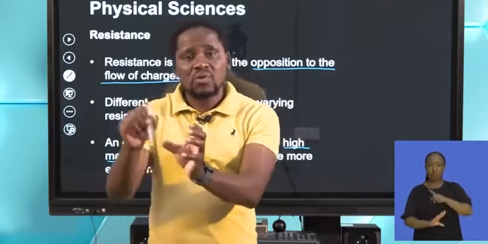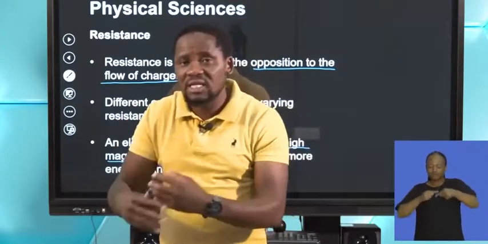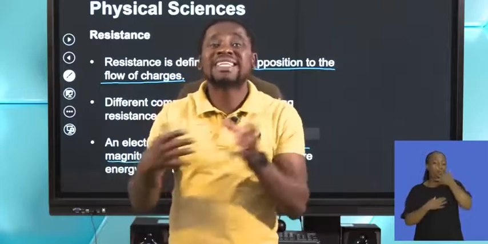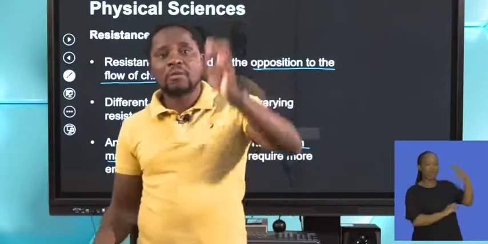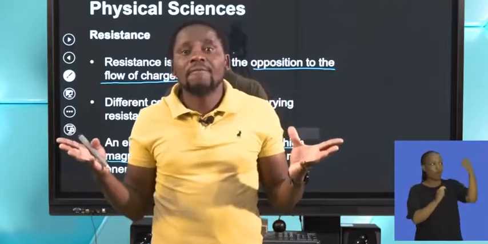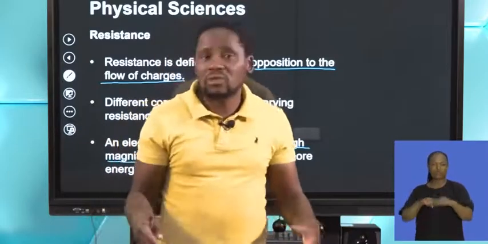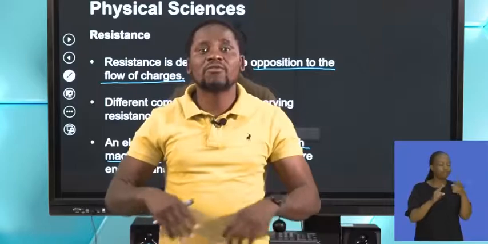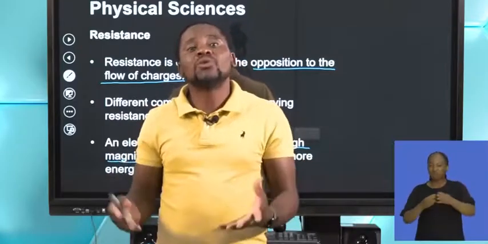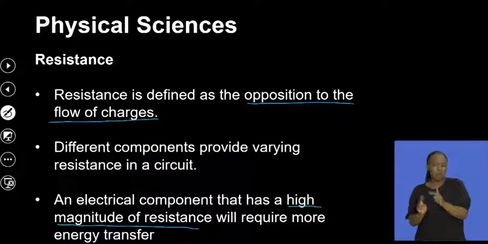Because the amount of work that a heater does in transforming electrical energy to heat is comparatively greater than that of the light bulb converting electrical energy into light. So that's what we mean when we say different electrical components, devices and appliances, offer varying magnitudes of resistance. This is what happens in real life.